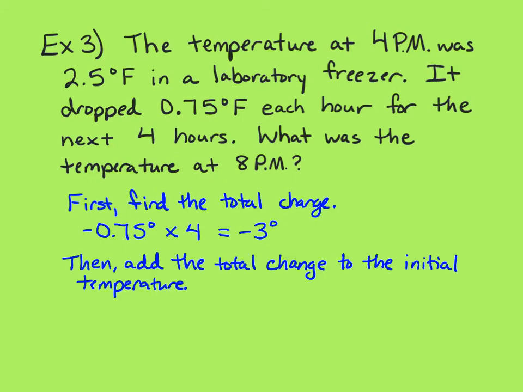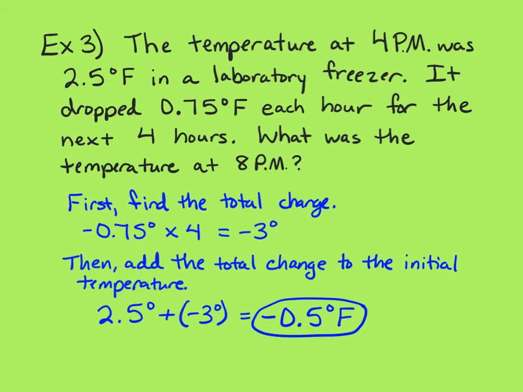Then we could take that total change and add it to the initial temperature, the starting amount. So it started at 2.5 degrees and it dropped negative 3 degrees. And the result is that the temperature would be negative 0.5 degrees Fahrenheit at 8 p.m.